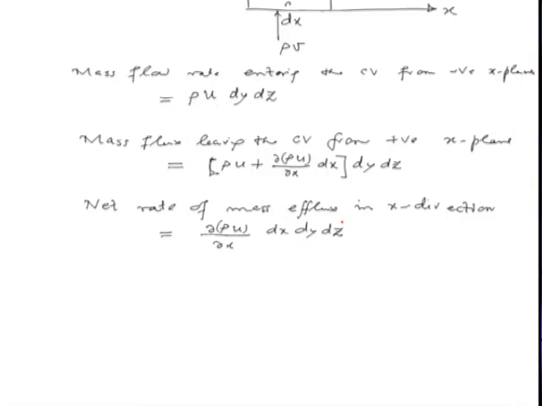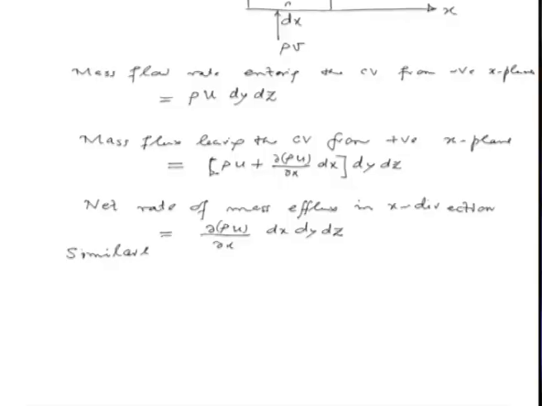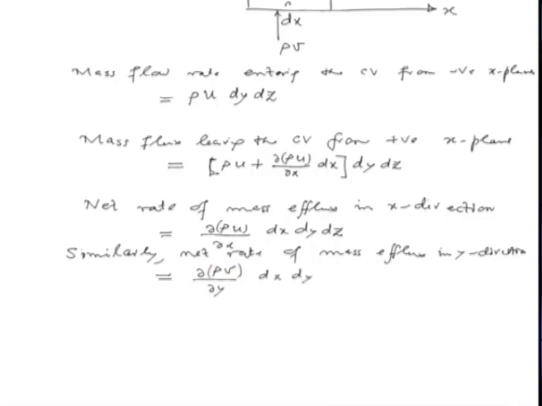The same exercise we can repeat with respect to y planes. So similarly, net rate of mass efflux in y direction would be given by del of rho v over del y dx dy dz, and similarly in z direction.